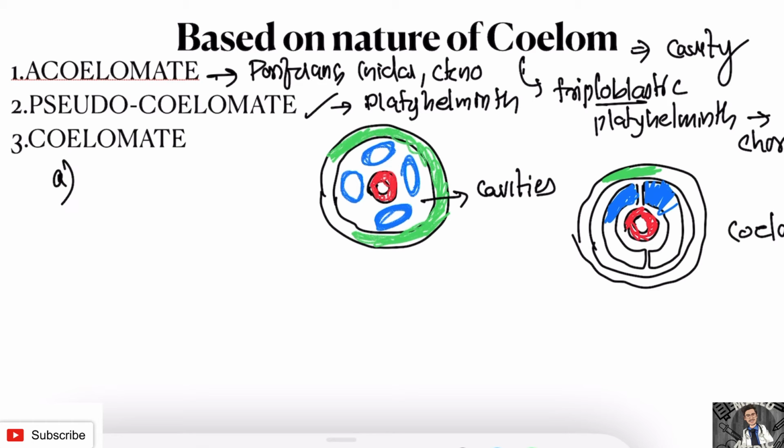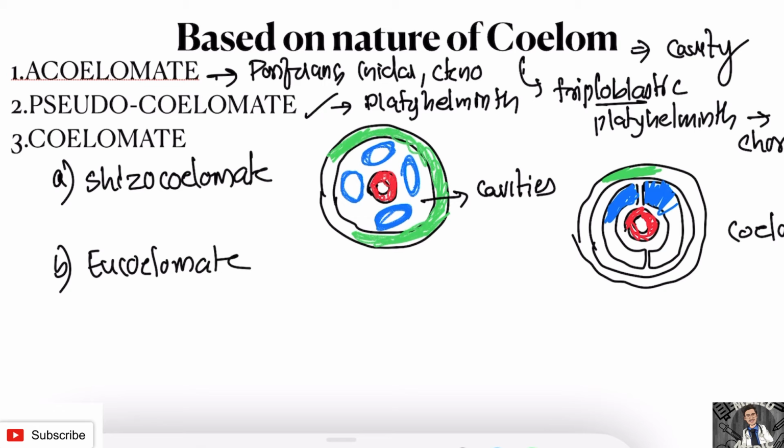Now, we also have two types of coeloms. The first one is the schizocoelomate condition. Schizocoelomate. And then we have the eucoelomate condition. So, in schizocoelomate condition, the mesoderm splits from here, and the coelom is formed from splitting of mesoderm. This term is just important: splitting of mesoderm. Okay.